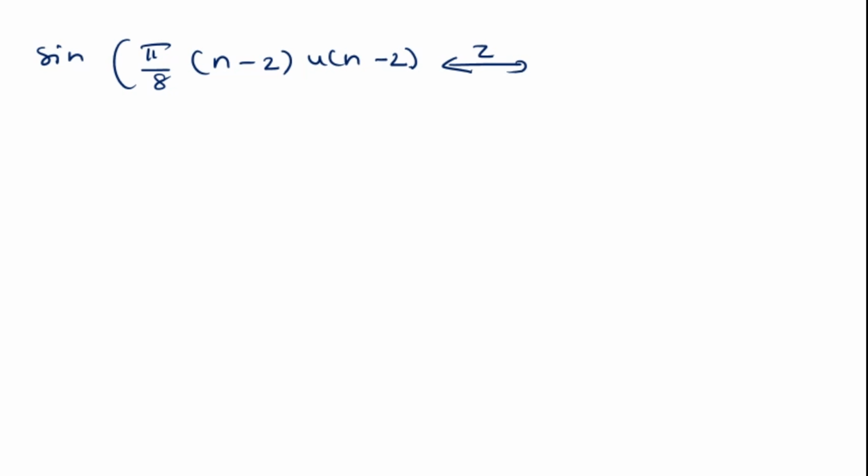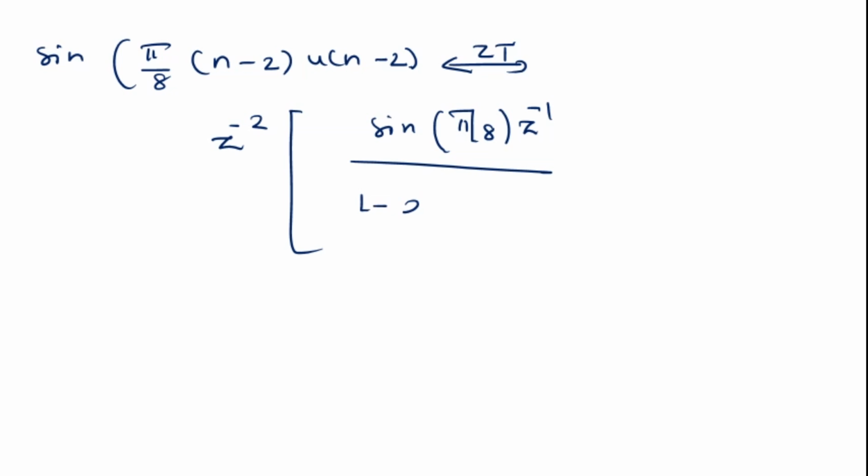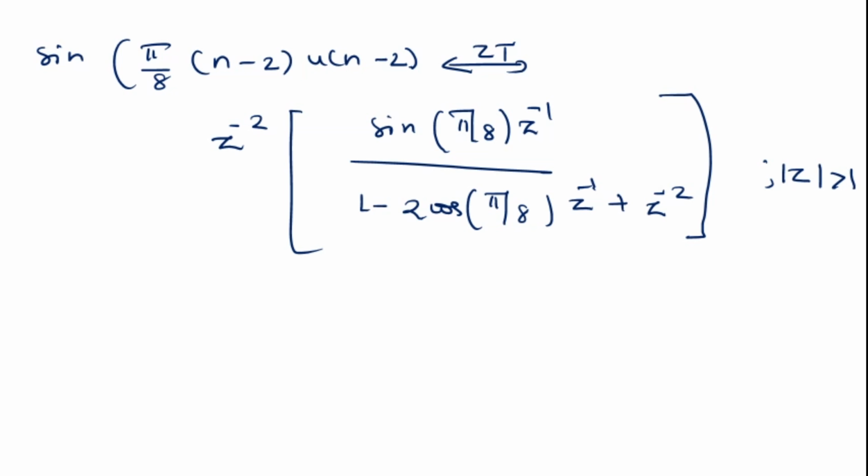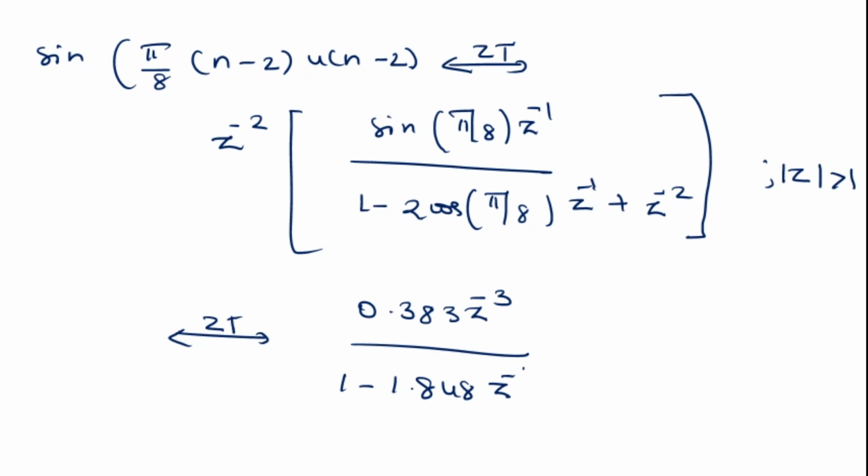If we take z transform, we get z to the power minus 2 into sine pi by 8 z inverse divided by 1 minus 2 cos pi by 8 z inverse plus z to the power minus 2, with mod z is greater than 1, or after simplification we get 0.383 z to the power minus 3 divided by 1 minus 1.848 z inverse plus z to the power minus 2.